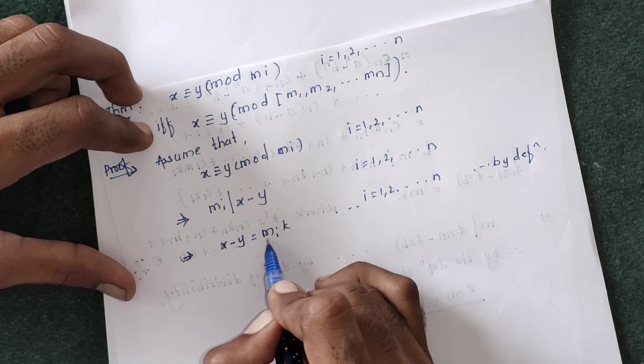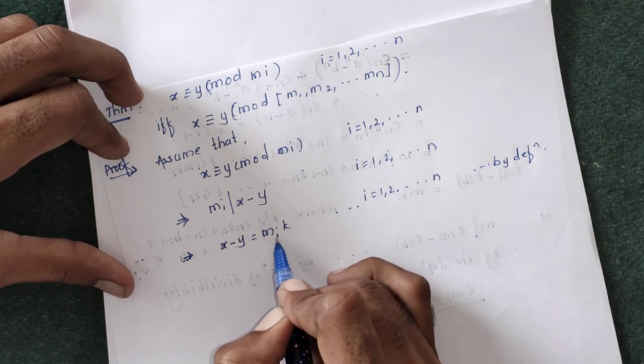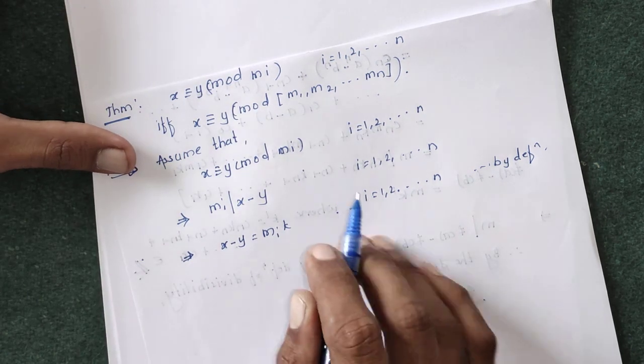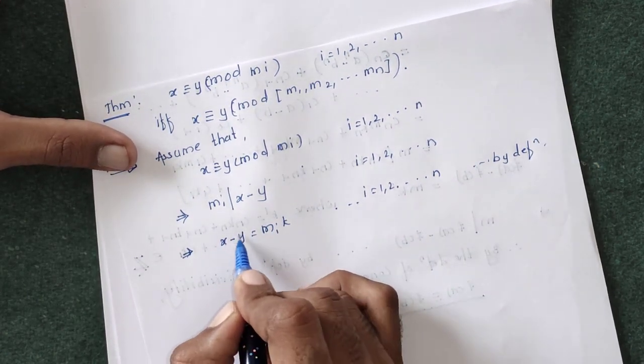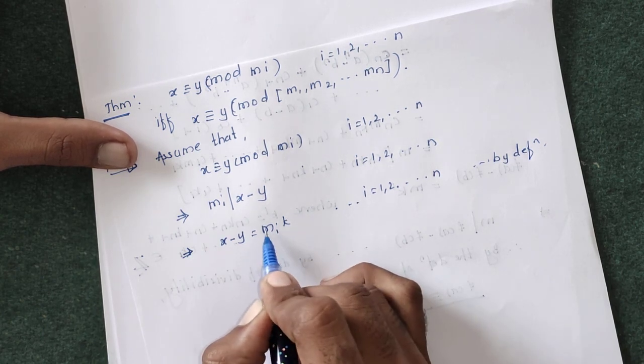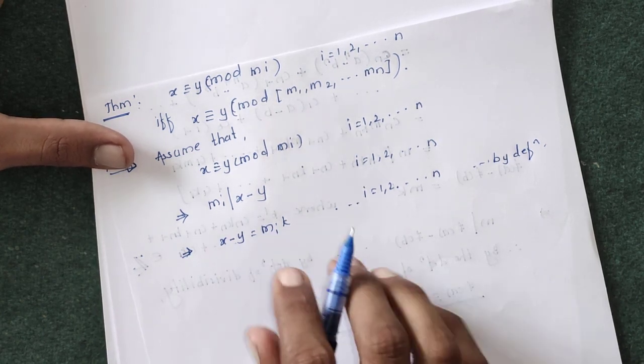That is, x minus y is equal to m1 times some integer, m2 times some integer, m3 times some integer. So x minus y is a multiple of each mi.